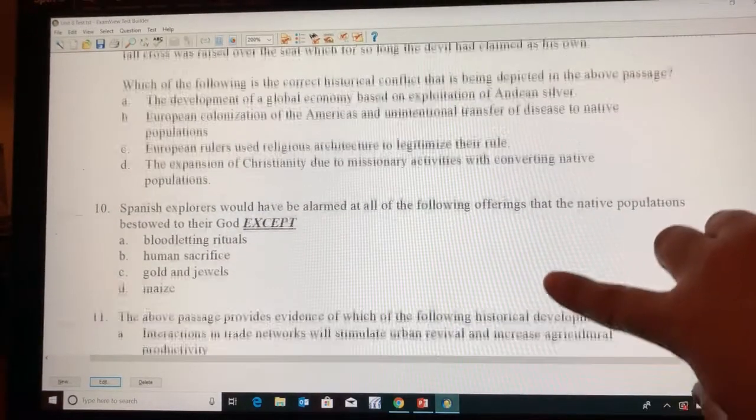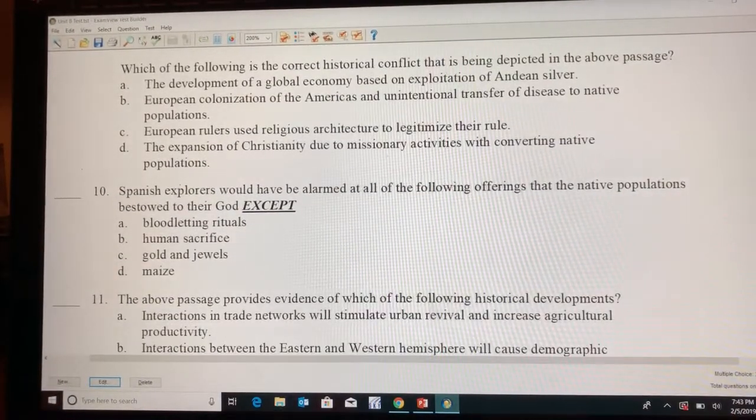Okay, so let's look at 10. The Spanish explorers would have been alarmed by all of the following offerings that the native population bestowed on their God, except. So what we should know is we're inferring what the natives would have given their gods. Would they have bestowed bloodletting rituals? Would they have done human sacrifice? Would they have bestowed gold and silver, gold and jewels, or maize?